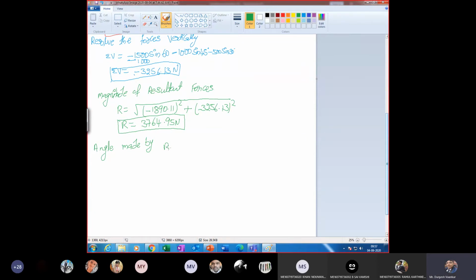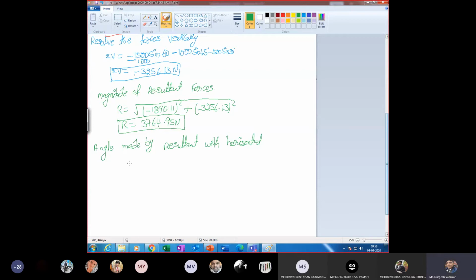Angle made by resultant with horizontal or vertical? With horizontal. So tell me what is the formula?